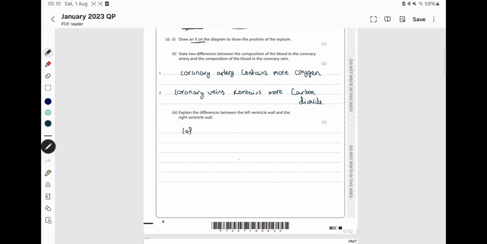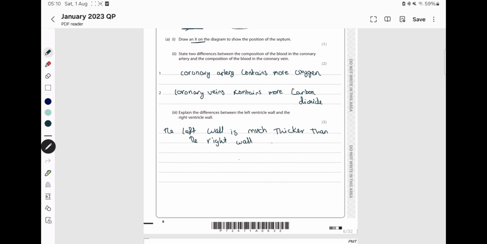So we're going to say: left wall is much thicker than the right wall.